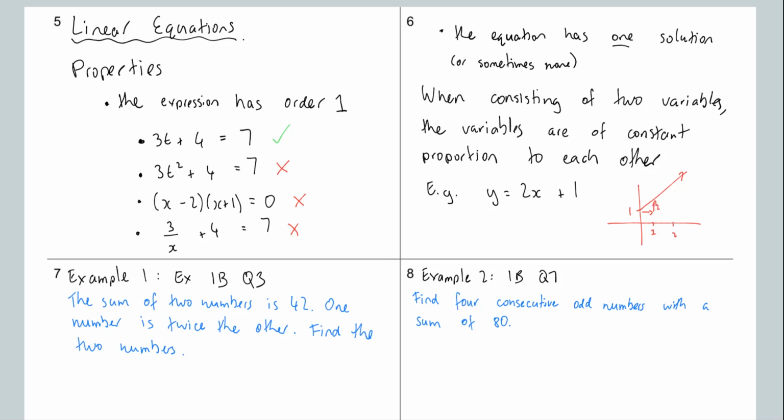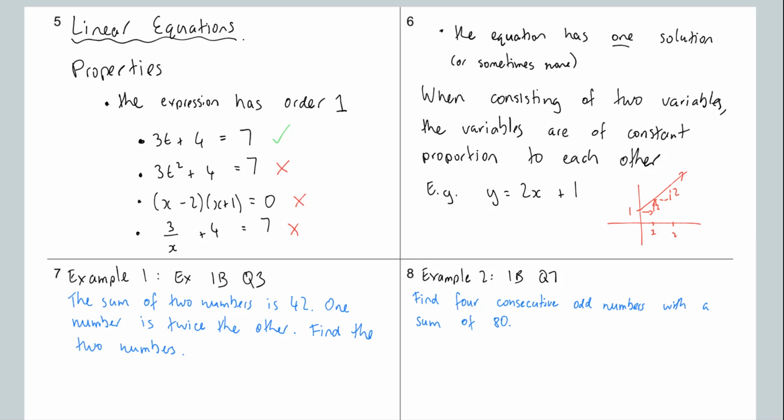And if I go another 1 unit here, so up to 2, there is a change of 2 units again for the y. So that change in y is constant. It's the same value, and that's what constant proportionality means.